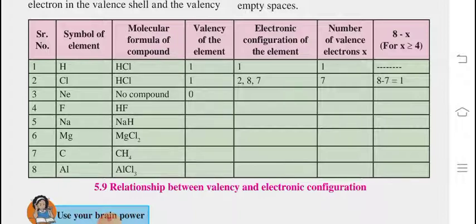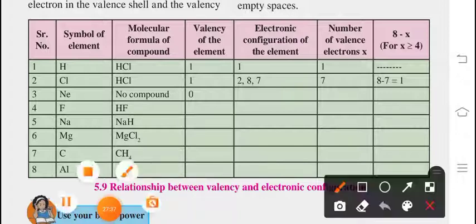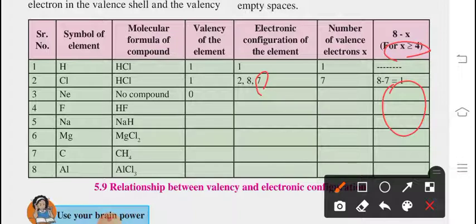Valence means the electrons which are shared with another element, that you have to write as valence electrons. And in the electronic configuration, obviously whatever the number in the outermost orbit, that you have to write only. While writing this column, the last number should be greater than 4. Then only you can write it down.